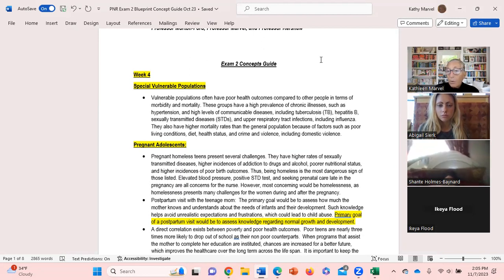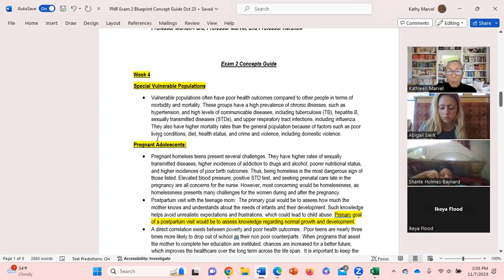They have poor health outcomes compared to other people, with regards to morbidity and mortality. Some facts about vulnerable populations: high prevalence of chronic illness, hypertension, communicable diseases, infectious diseases, maybe TB, hepatitis, STDs.